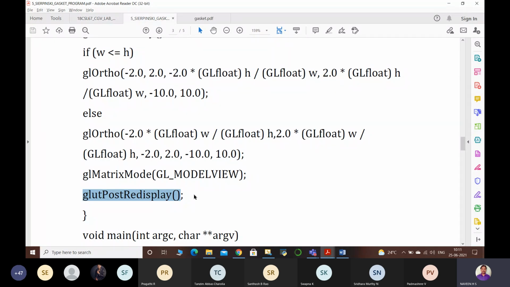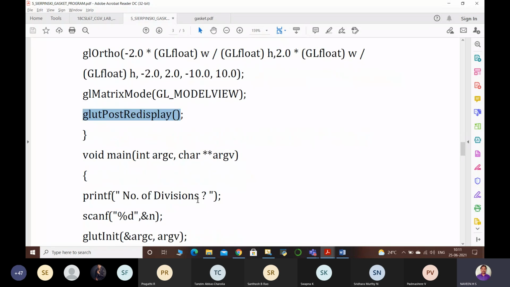That's it. I'm just going to redisplay my object after performing my reshape function. This is a simple display function, but the name is given like this because after performing all these changes we are going to display once again. So that is what glut post redisplay is, by keeping the current window.